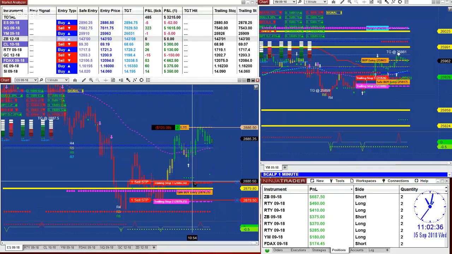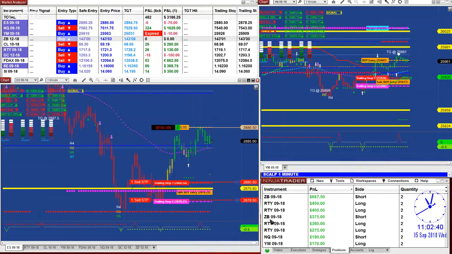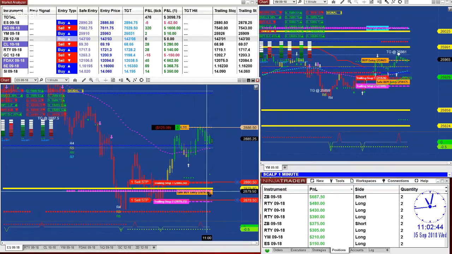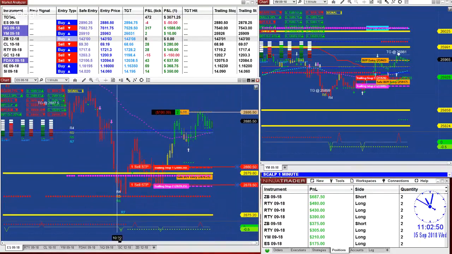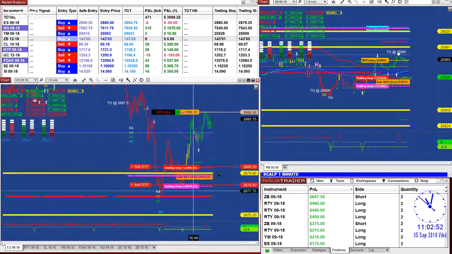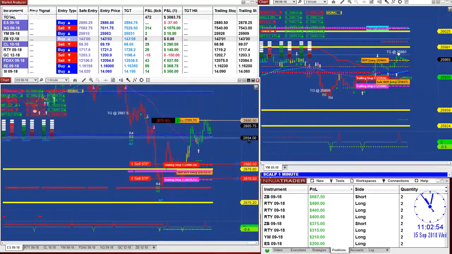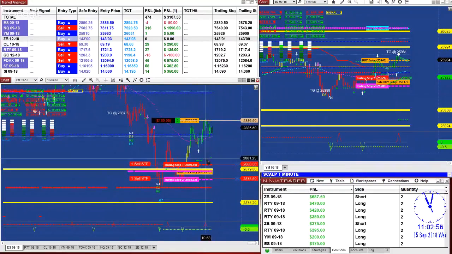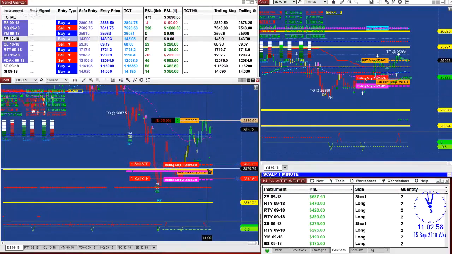So very rarely, 8 out of 10, any market pulling back to those areas is going to be projected most of the time. I cannot say all the time, most of the time. So if this market falls here, we can add one more contract.